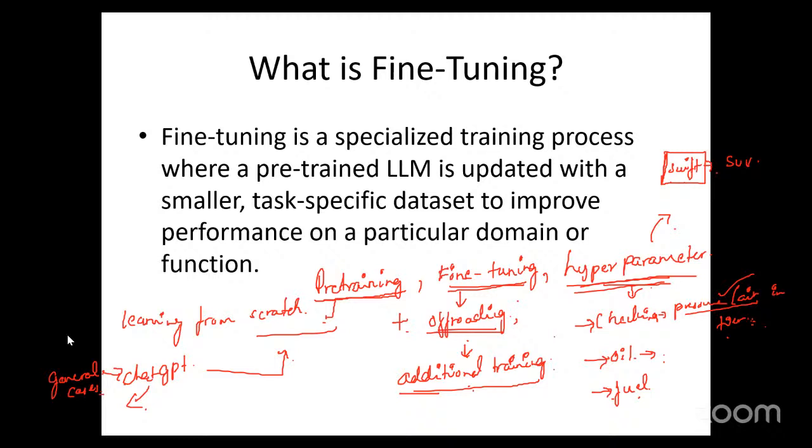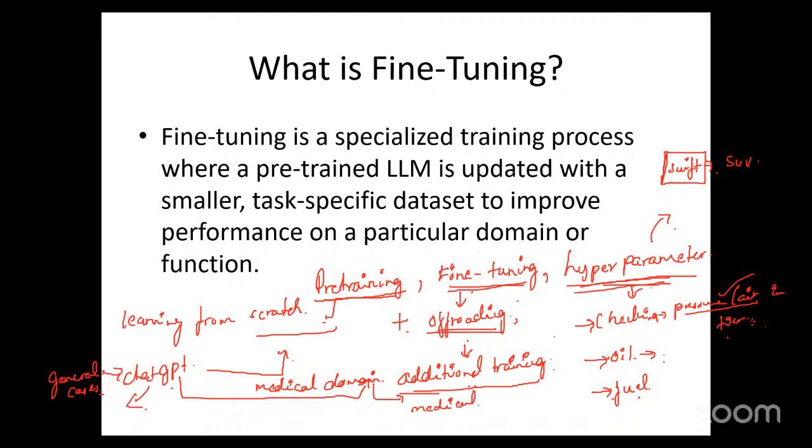But when it comes to a particular job, maybe I want to use the same ChatGPT for a particular medical domain, where it needs to focus on medical protocols or medical policies or medical procedures, correct? So at that time, I'll add additional data or additional medical documents to my ChatGPT model.